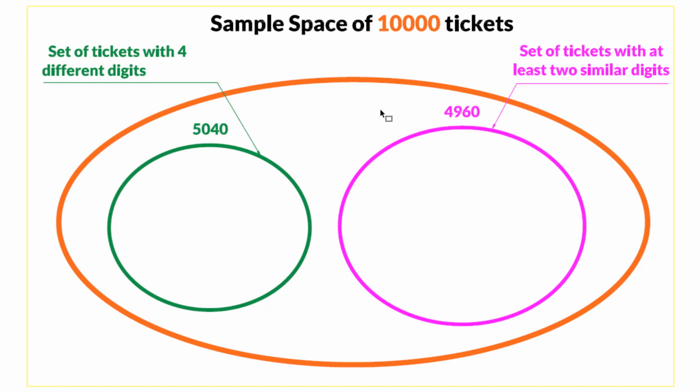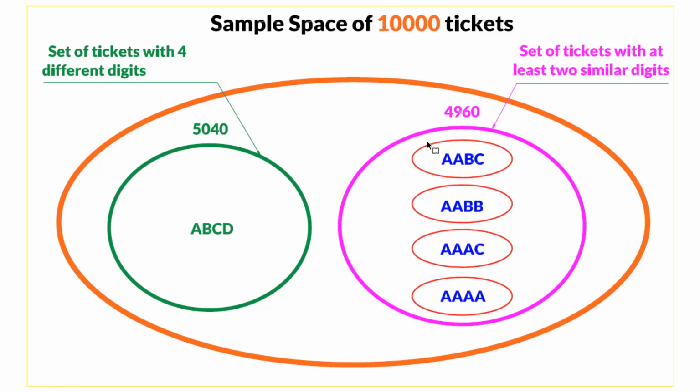And we have seen that the number of tickets with 4 different digits is 5,040, and the number of tickets with at least 2 similar digits is 4,960. But inside this group we also have another 4 subgroups, which are the tickets in the form AABC, AABB, and AAAC, and 4 A's. And this is the first group here.